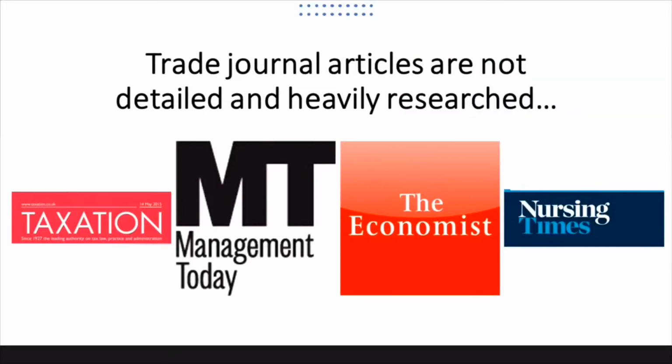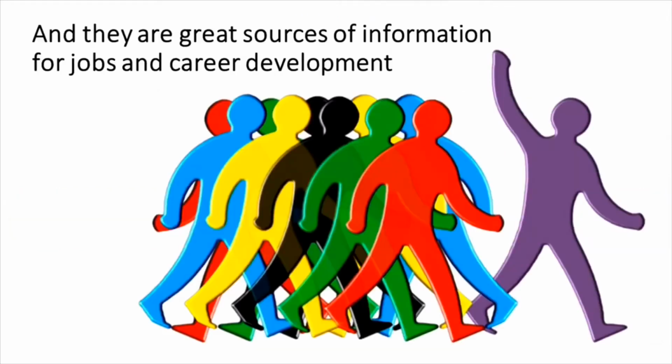The articles are not detailed and heavily researched, but they do report on key issues of relevance to that sector, raising professional awareness and understanding of important developments. And they are great sources of information for jobs and career development.